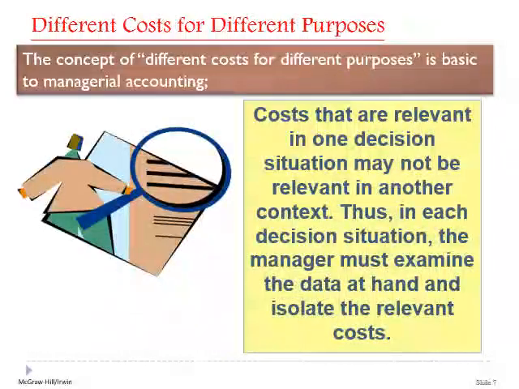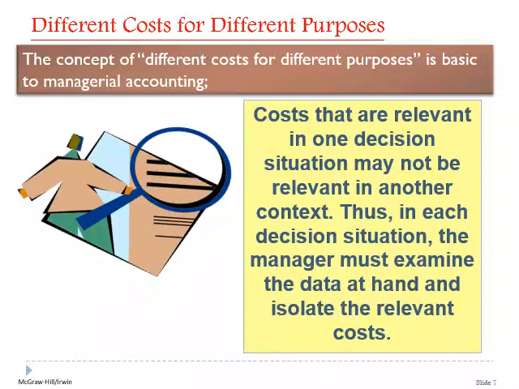Here I want you to know another concept which is different costs for different purposes. The concept of different costs for different purposes is basic to managerial accounting. يبقى دي حاجة مهمة. Different cost for different purposes. أنا بستخدم تكاليف معينة لأغراض معينة. What does it mean?